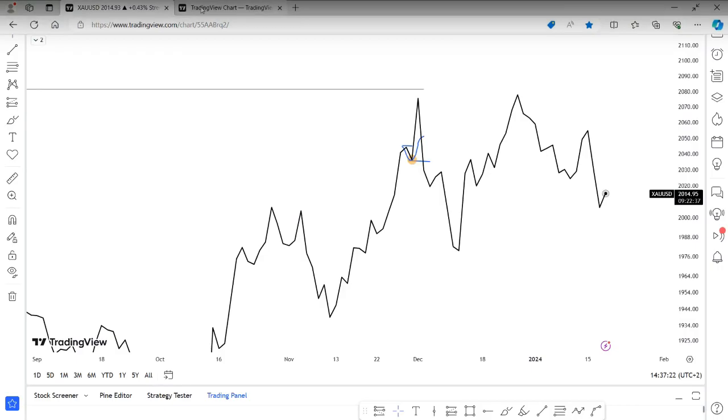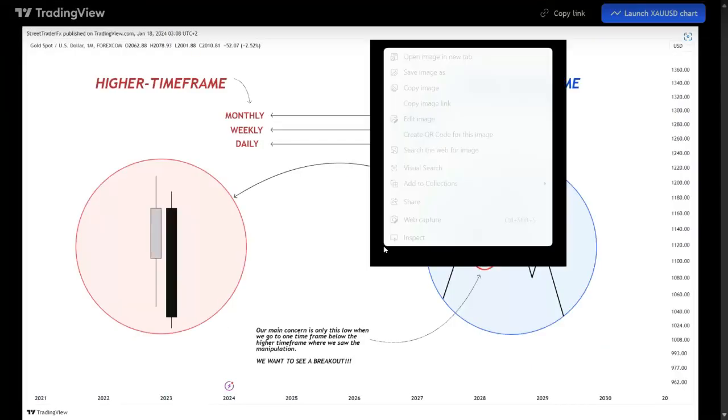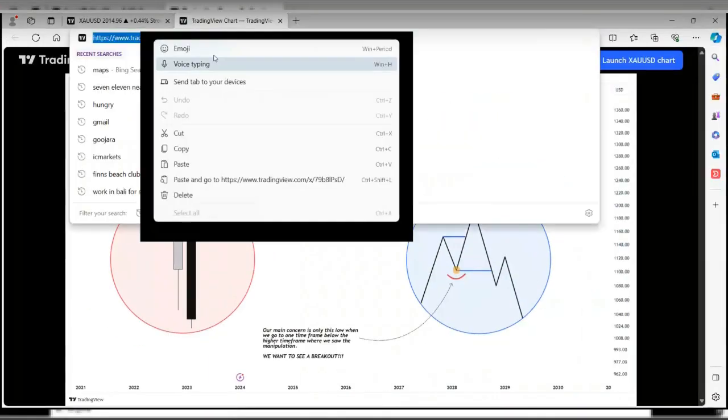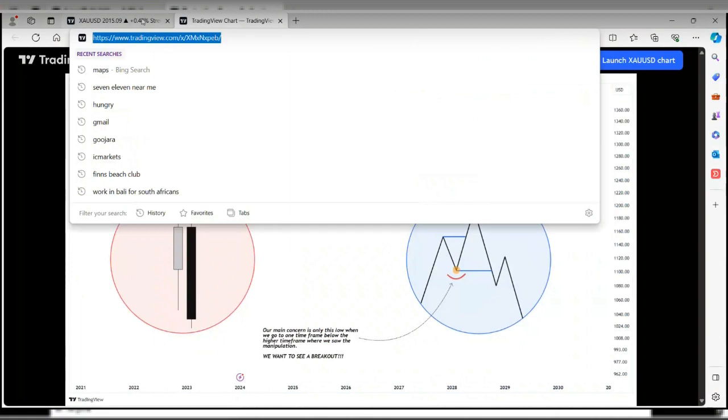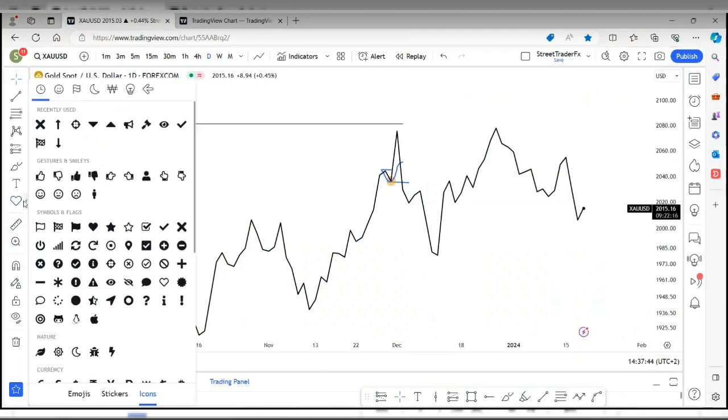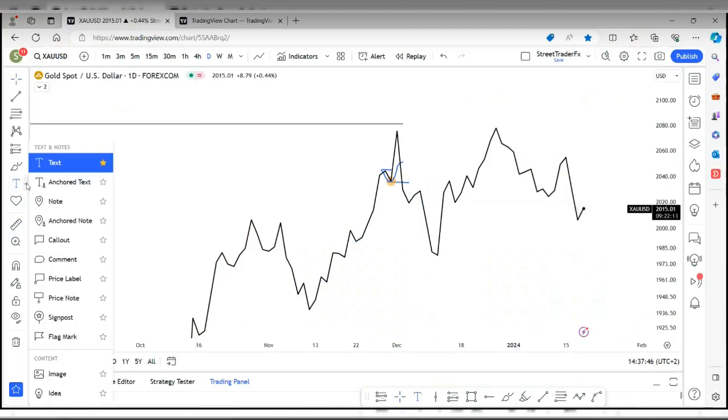Let me just try and bring the image to this side. Let me save it. How can I bring this here, man? Copy. How do I post the link here? I forgot. Is it somewhere in here?